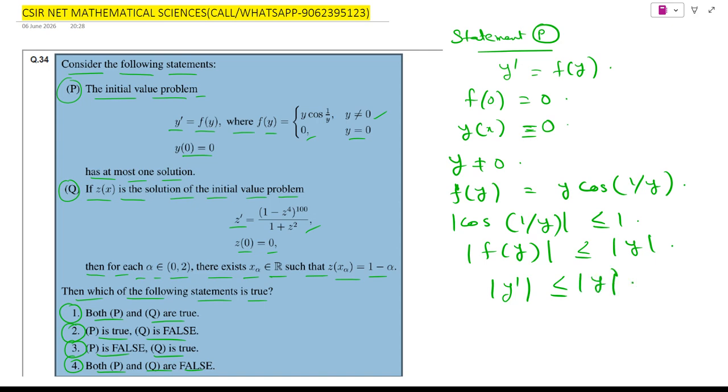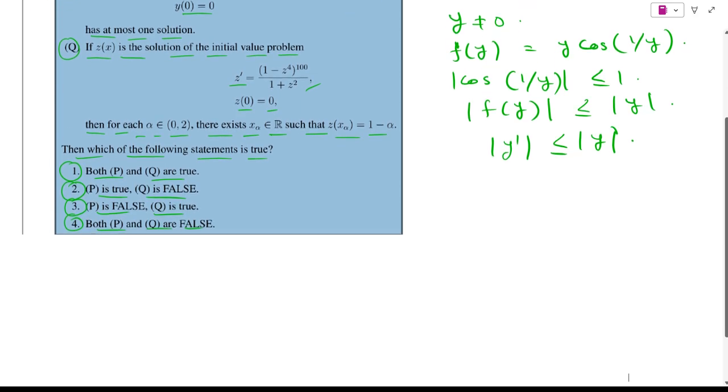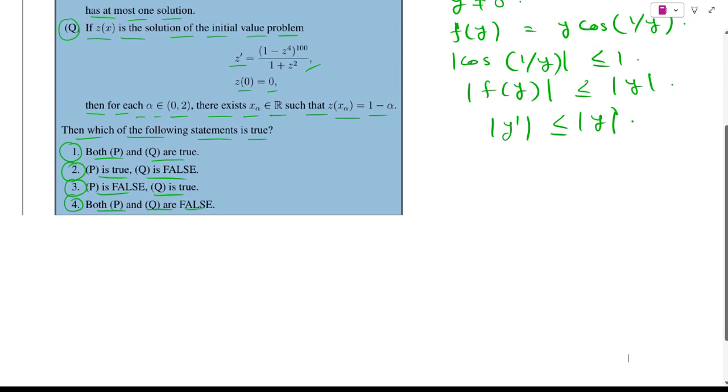Okay. Now, the integral form. Let y(x) be any solution satisfying y(0) equal to 0. Then y(x) is the integral from 0 to x of f(y(t)) dt.